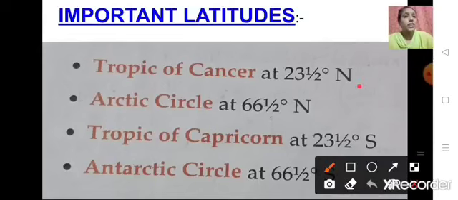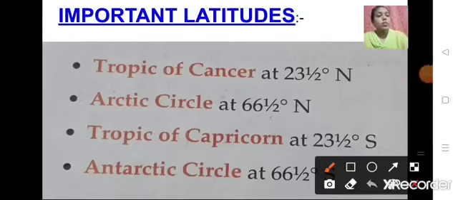Tropic of Cancer at 23.5 degrees north. Arctic Circle at 66.5 degrees north. Tropic of Capricorn at 23.5 degrees south. And Antarctic Circle at 66.5 degrees south.